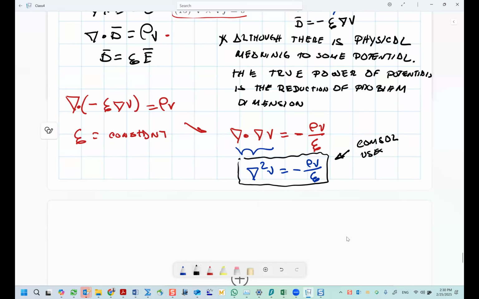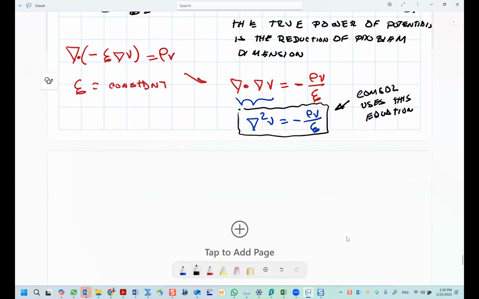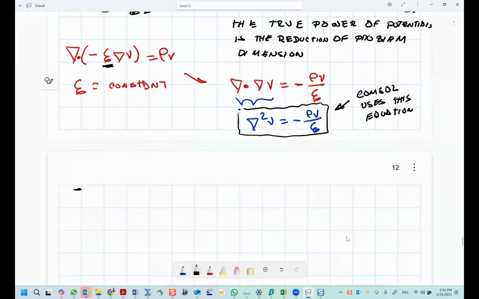COMSOL uses this equation, or a little bit more complicated one in which epsilon is not taken out, because you need to take the derivative of epsilon. From an electrostatic field, we're going to extract the voltage.